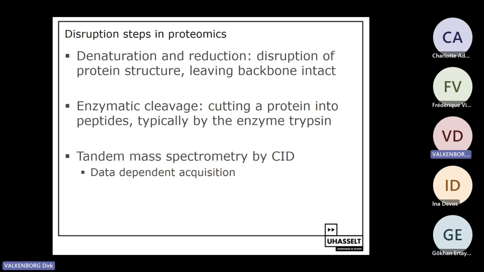And then, obviously, when we have the peptides and we separate the peptides and have them in the mass spectrometer, as a final step, we will blow them to smithereens just to investigate their fragment masses. And we do that in this talk by collision-induced dissociation combined with data-dependent acquisition.